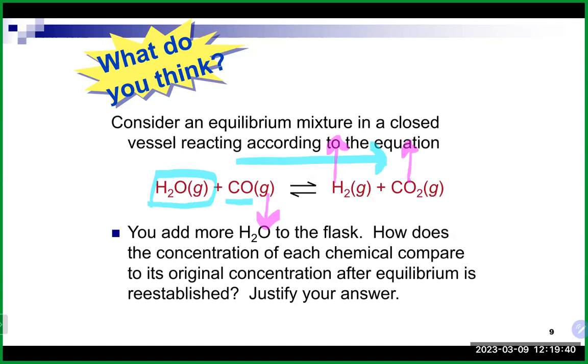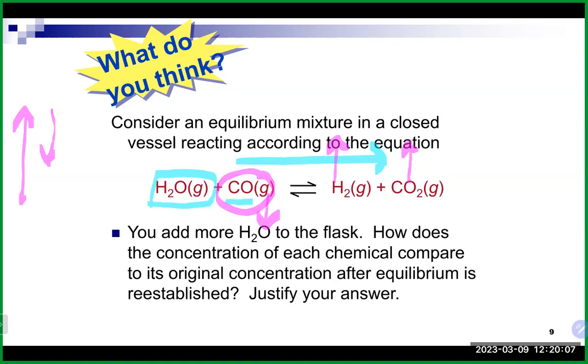Now, what will happen with the water here? Well, it's first going to go up because, frankly, you added it. You artificially added more of it. But once you're done adding it, it should start to work its way back down, right? Because as it starts reacting with the CO, you're going to need some of that water.